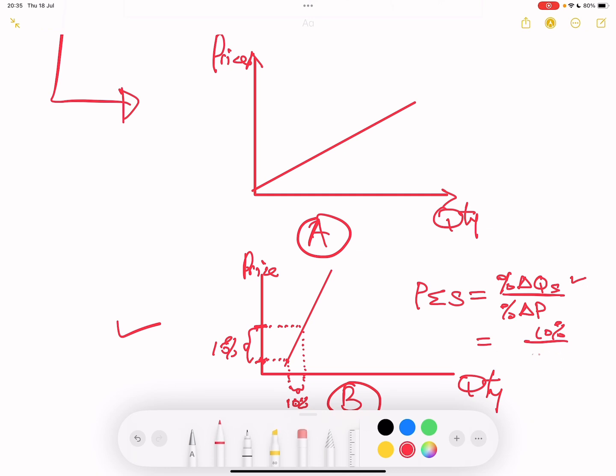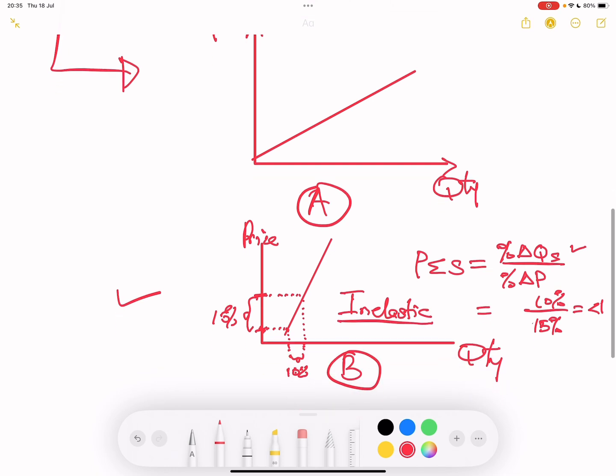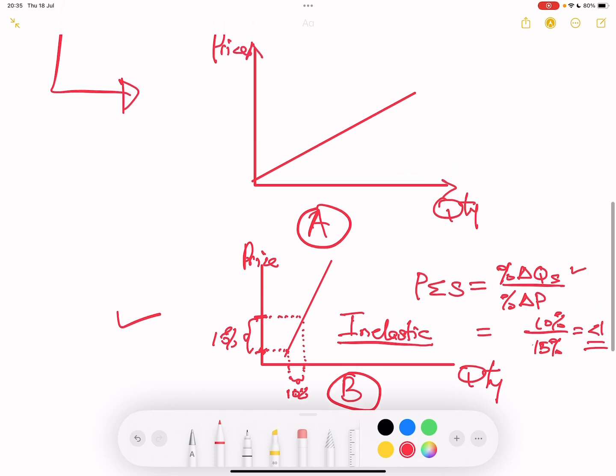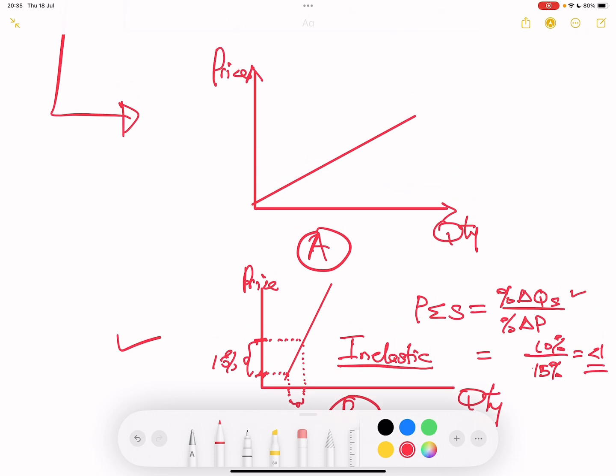Because that's a bigger change, the answer is less than 1. So that means this product is very inelastic, because you can see the price elasticity of supply is less than 1. Let's look at this other graph and let's take 2 points.